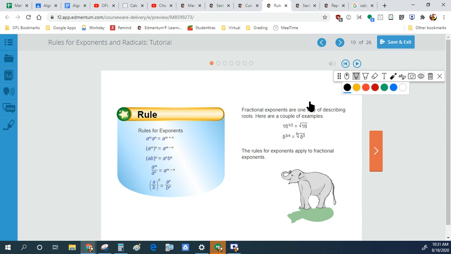Or like they have over here, they're saying 8 cubed to the 4th power. So what they're really saying is, what's the 4th root, 4 on the outside, and the 3's on top. The 3 is going to be our exponent. So that's what this is. This little 2, there's an invisible 2 right there. That's all fractions are when it comes to exponents.